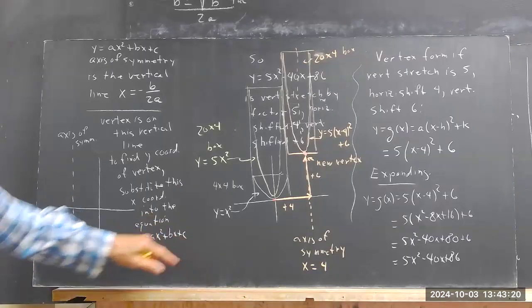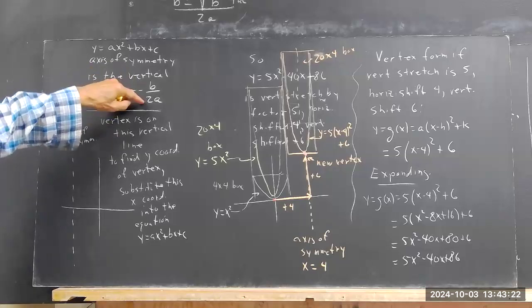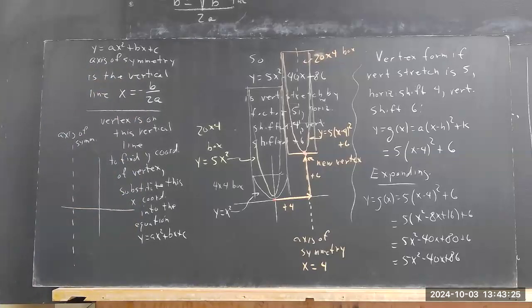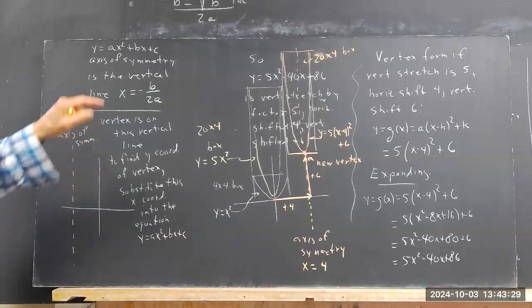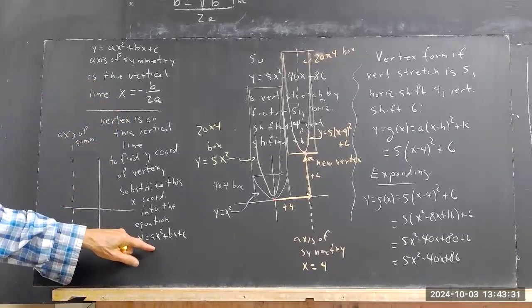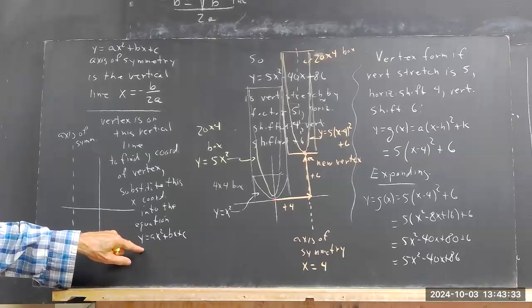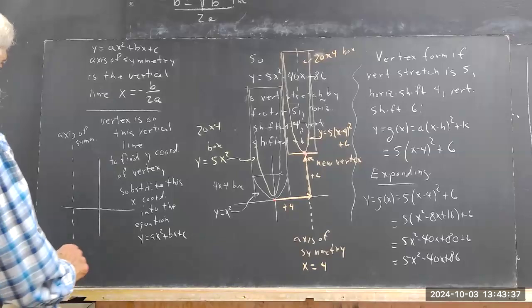You know the numbers a, b, and c. You put those numbers into this. It tells you where the axis of symmetry is. You plug the coordinate of the axis of symmetry into this, and you get the y coordinate of the vertex.